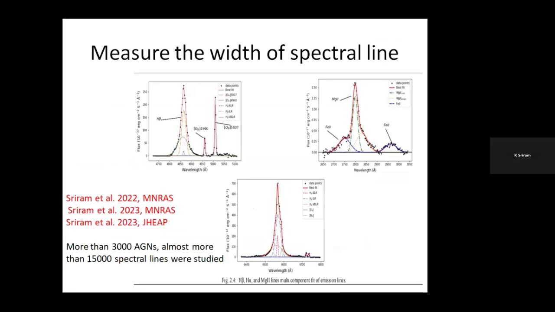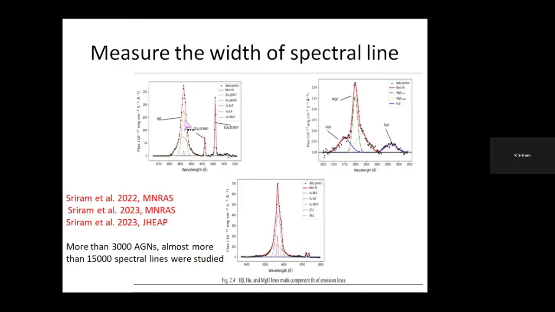We studied almost 3,000 AGNs, active galactic nuclei, that is basically supermassive black holes, where a lot of X-ray or optical emission is coming. And we analyzed almost 15,000 spectral lines, and we determined the mass of the black hole, and we studied various parameters of those galaxies or activity.